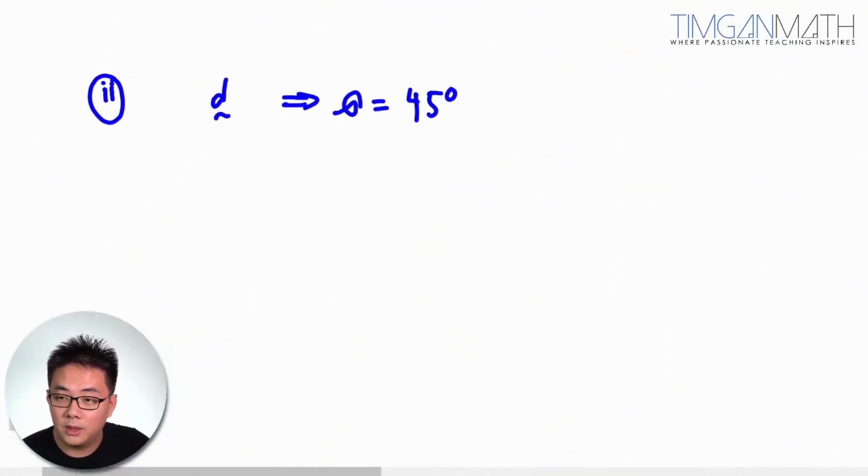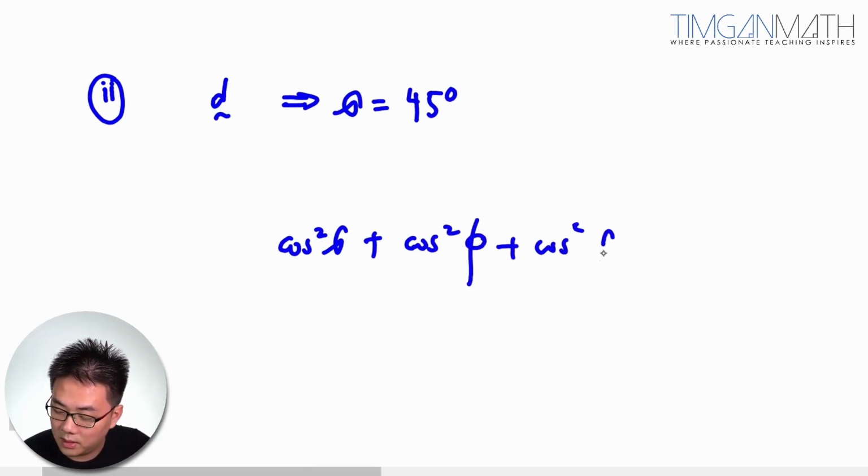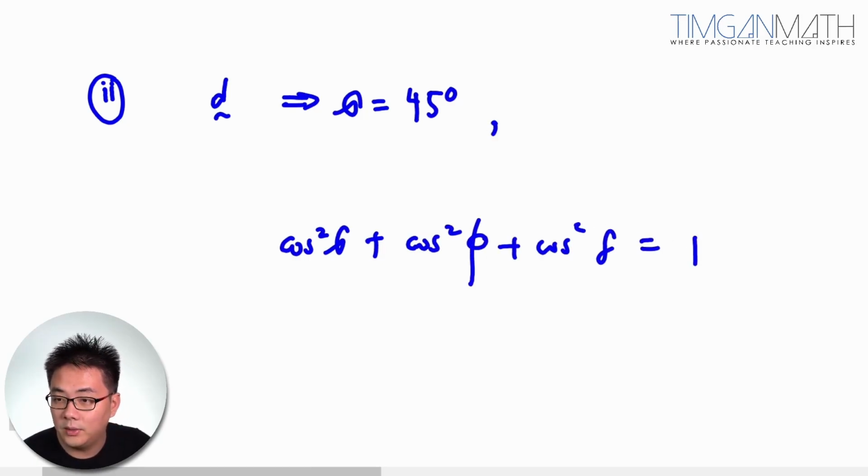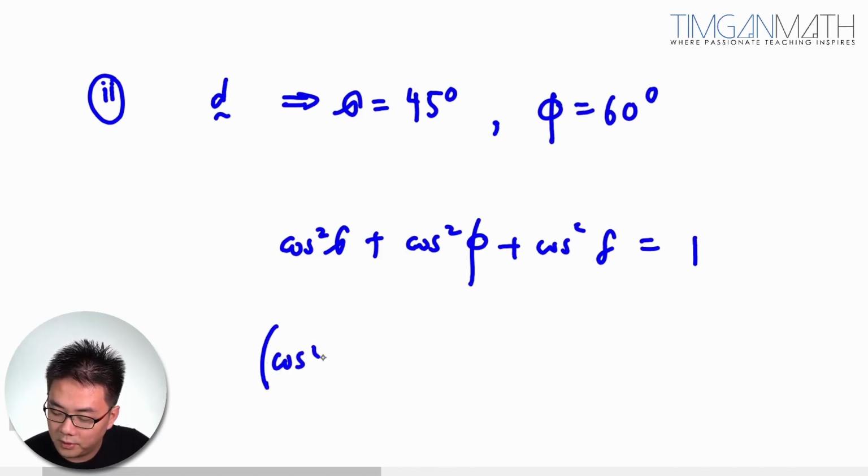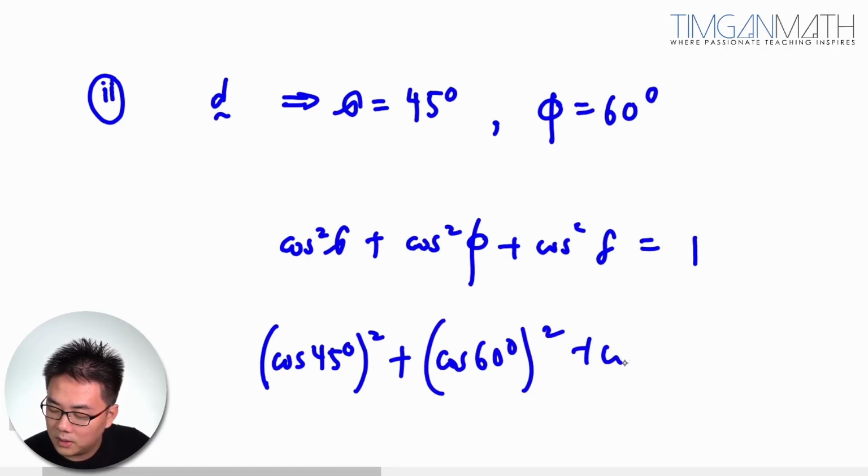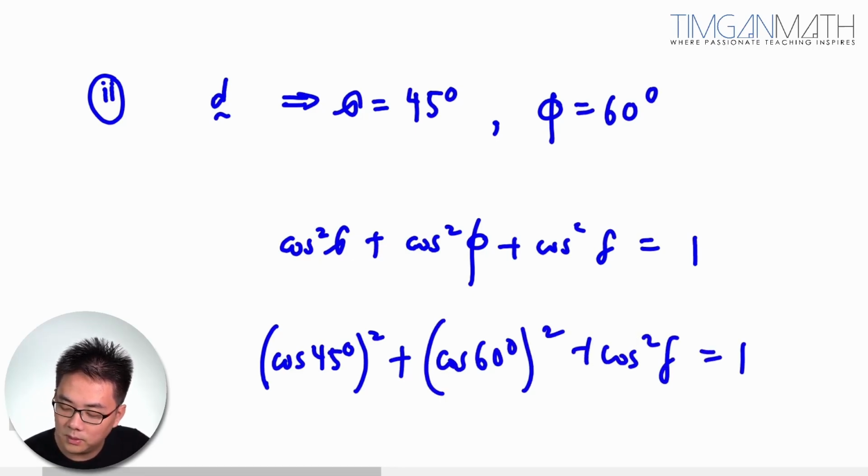I'm going to use the formula, which tells me that cosine squared theta plus cosine squared phi plus cosine squared sigma is 1. I know phi is 60 degrees. So this is cos squared 45 degrees plus cos squared 60 degrees plus cos squared sigma.